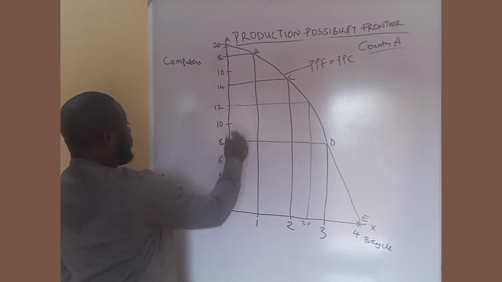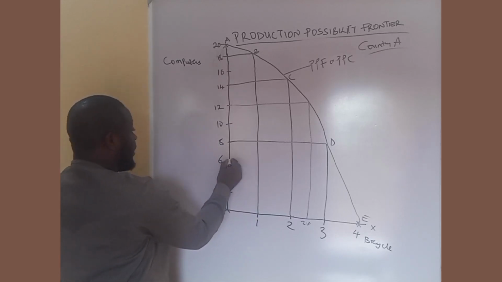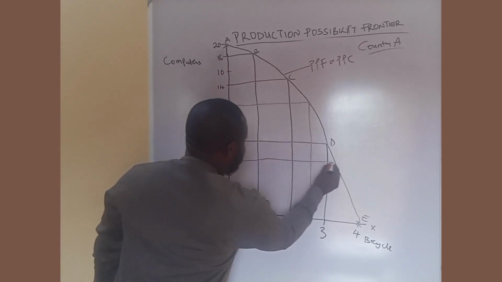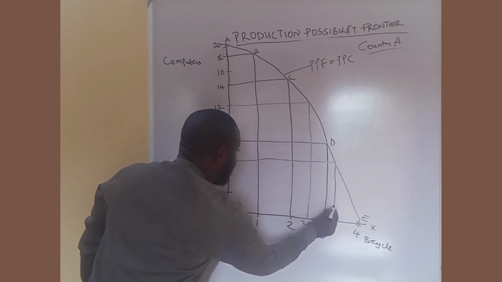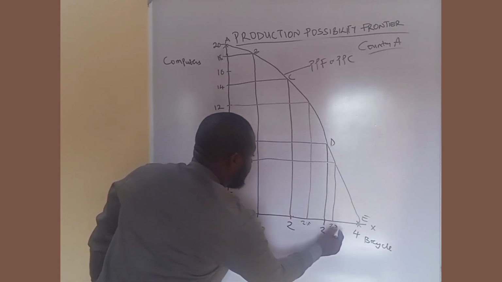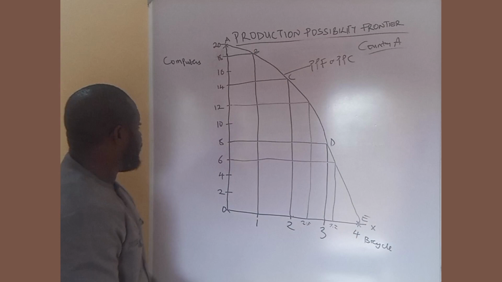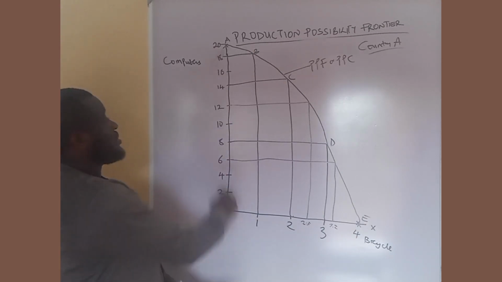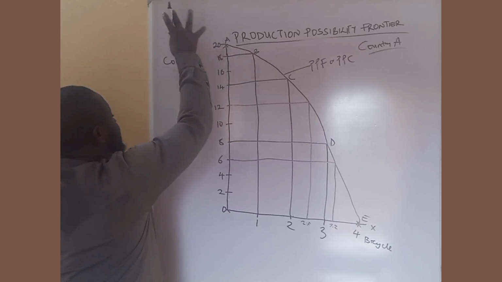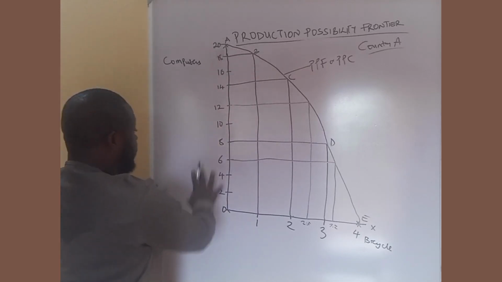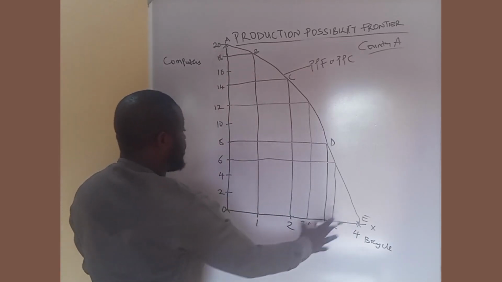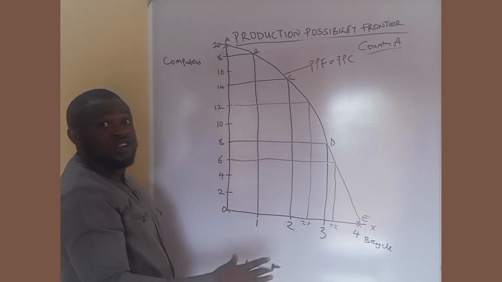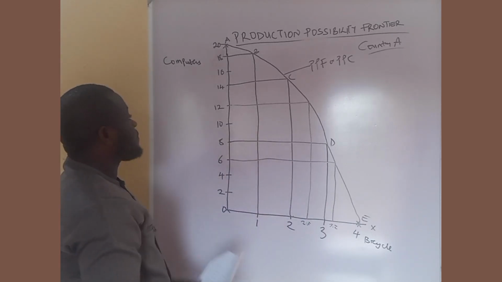Then if you produce say 6 computers, you are going to produce greater quantities of bicycle, say 3.2 units of bicycle for you to produce 6 units of computer. And it continues like that across between 20 and 0 for computers and between 0 and 4 for bicycle. We can have several other minor combinations.